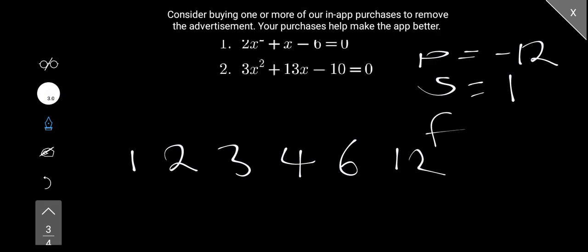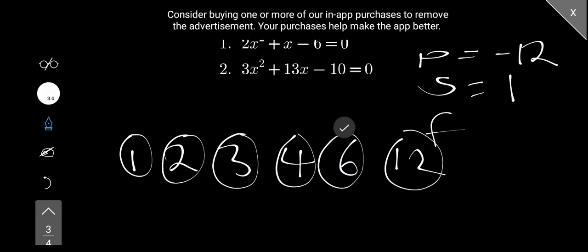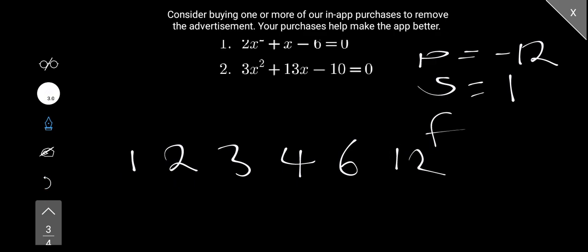Okay. So what we are going to do is pick two numbers from these. The way we pick is the first one goes with the last one, the second one goes with the second last, and the third one goes with the third last. Let me use some colors here.